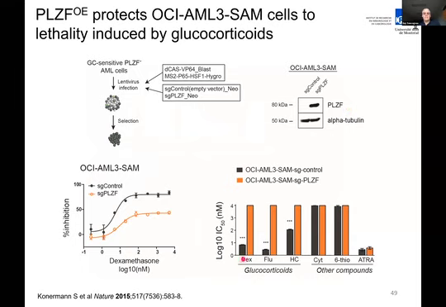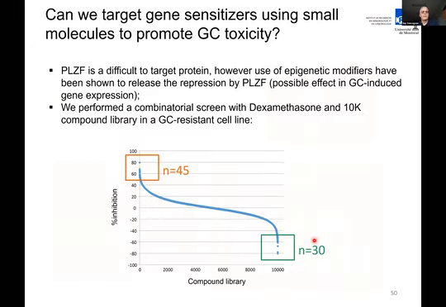And what you can see in this case is that now, in contrast to the knockdown, the cells become significantly more resistant to 3 different glucocorticoids. And we're talking here 3 logs. Again, no impact on non-glucocorticoid compounds. So this validates the results of the CRISPR, but it also suggests that modulation of PLZF can have a tremendous impact on glucocorticoid sensitivity in AML.